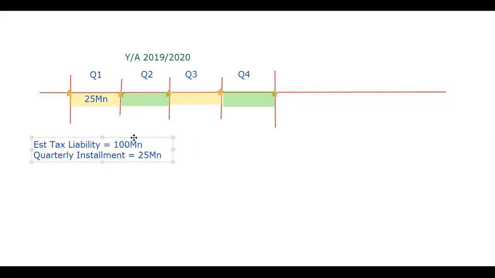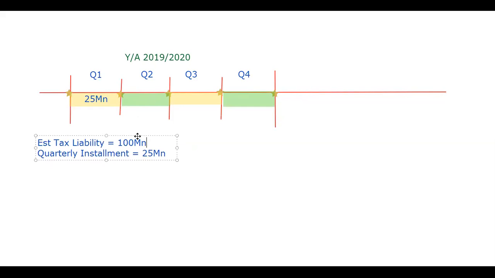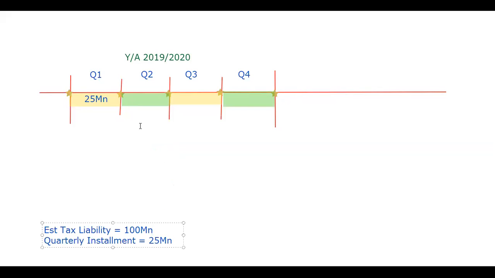Then this estimated tax liability, you realize that 100, this amount, then what you need to do is for this quarter, when is the payment due date? Payment is due on August 15. August 15 is the payment due date.